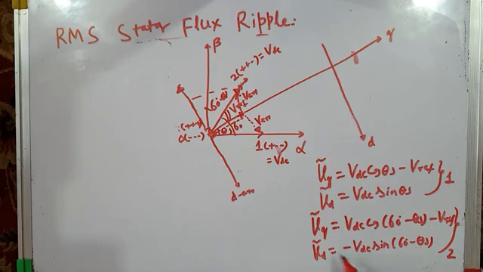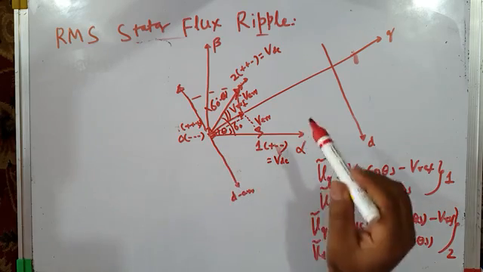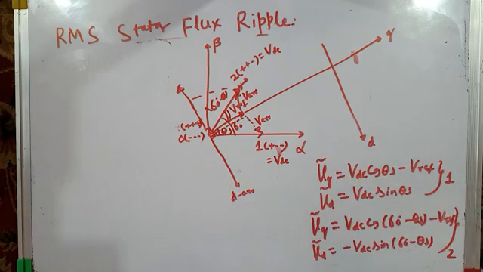Similarly, when active vector 2 is applied, the q-axis component is VDC cos of 60 minus theta s degrees minus Vref, and the d-axis component is minus VDC sine of 60 minus theta s degrees.